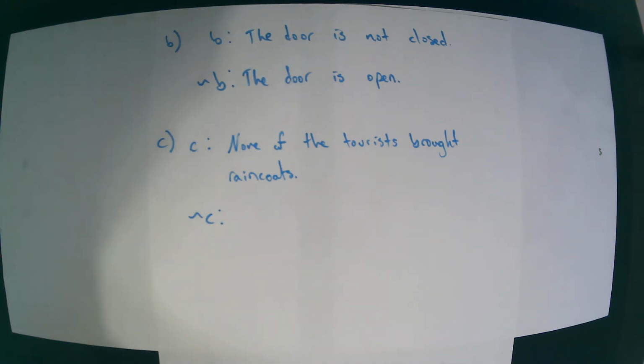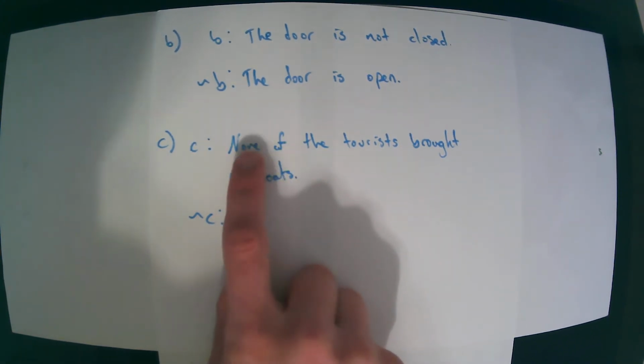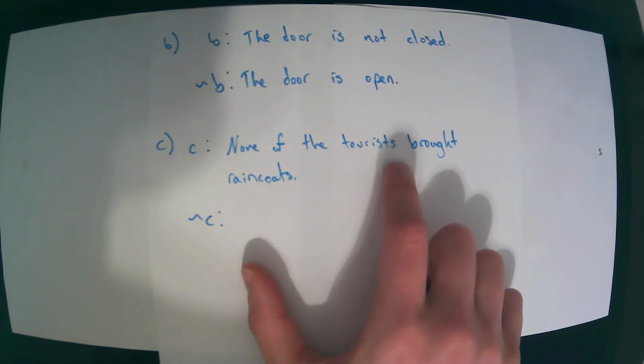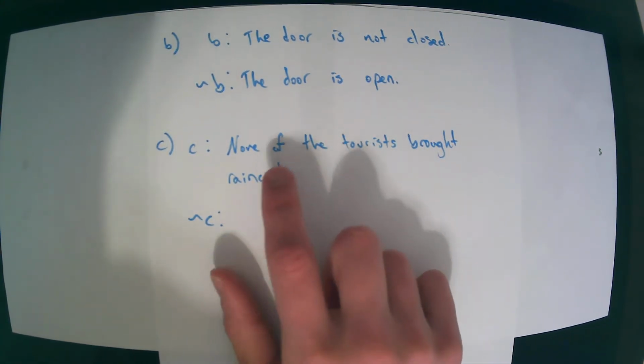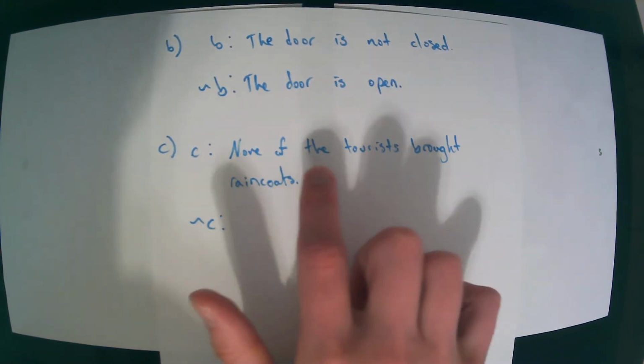You're going to be tempted to say all of the tourists brought raincoats. But this is a situation where there's a quantifier here specifying that none of the tourists have raincoats. And we need to be really careful about negating things like that where they're talking about some quantity of things.